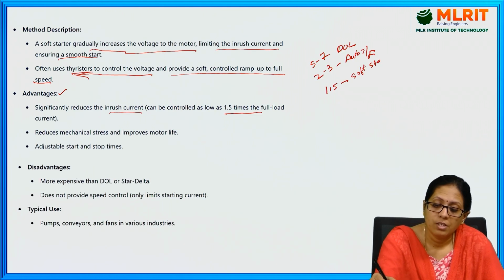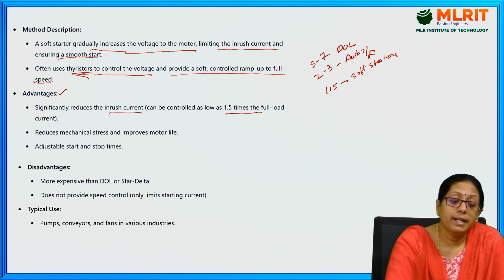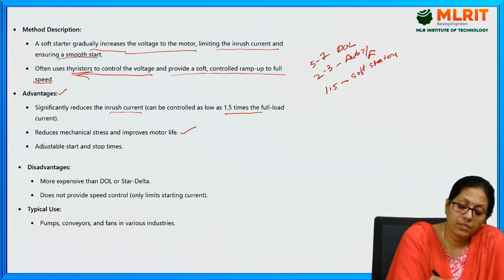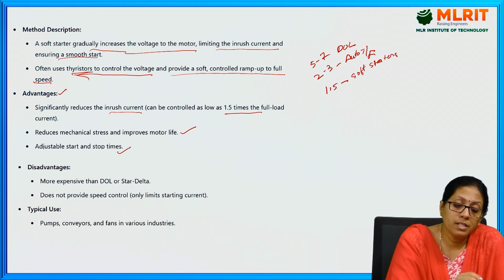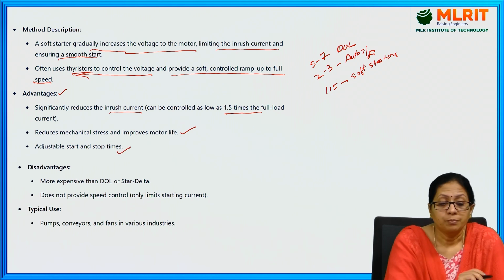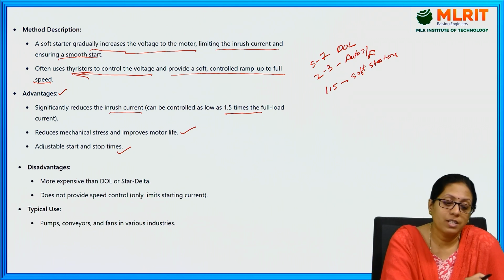It reduces the mechanical stress, improves motor life, and gives adjustable start and stop times. As we are using the thyristors here, we can adjust the start as well as the stop times.